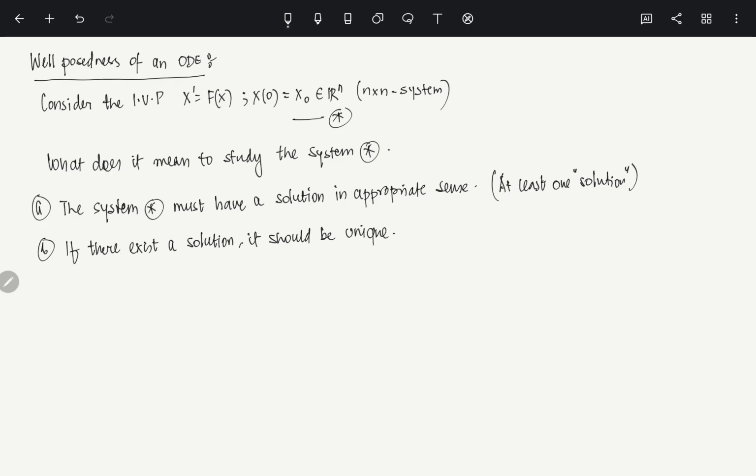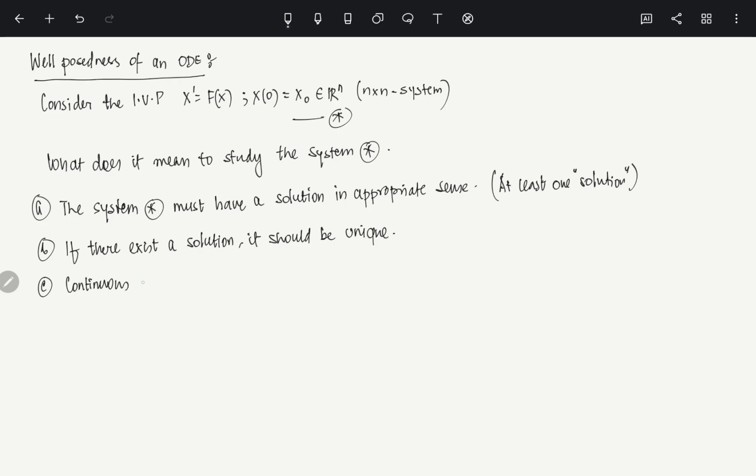If you have a system that admits two solutions, whatever the meaning of solution is, then of course it is not well-posed. So you first have to have one solution, and the solution has to be unique. Those are the two properties, and the last property is called the continuous dependence on the initial data.